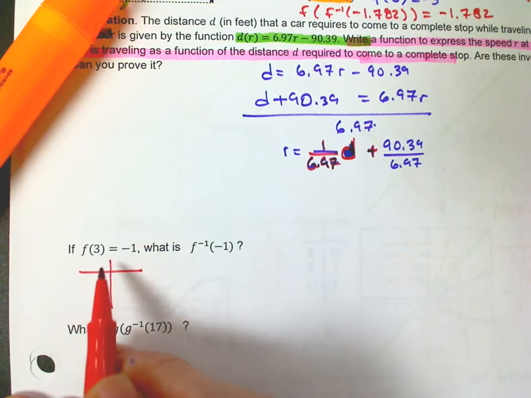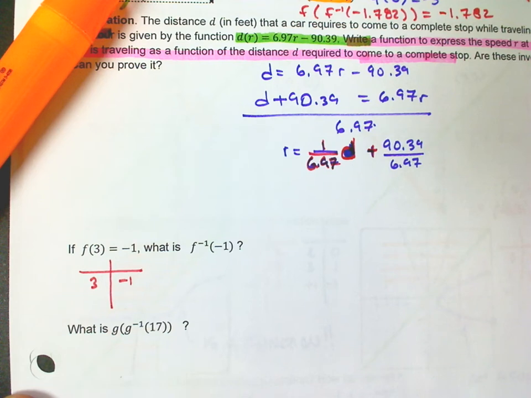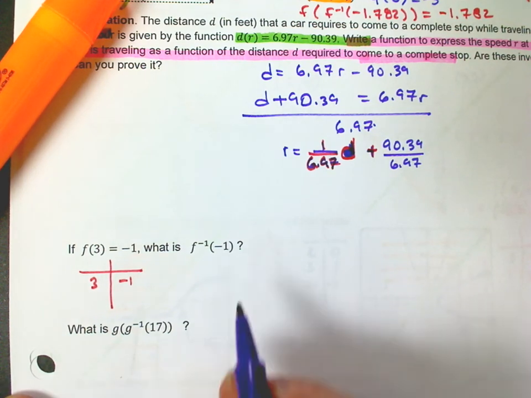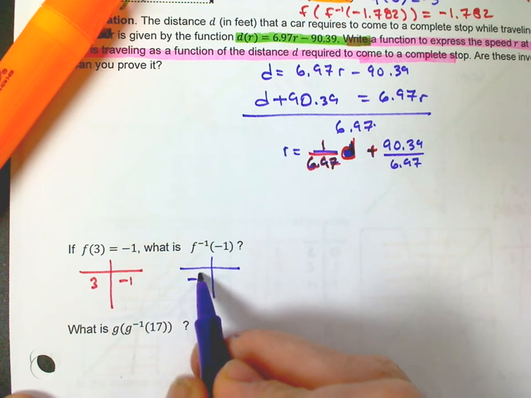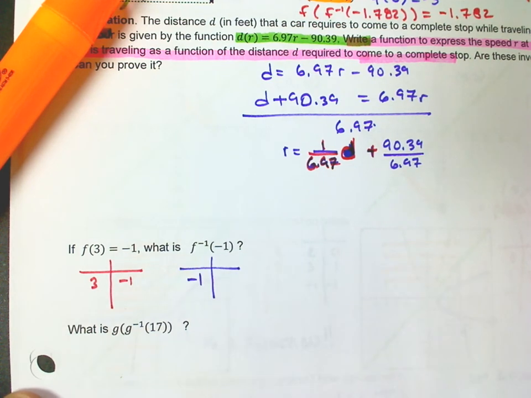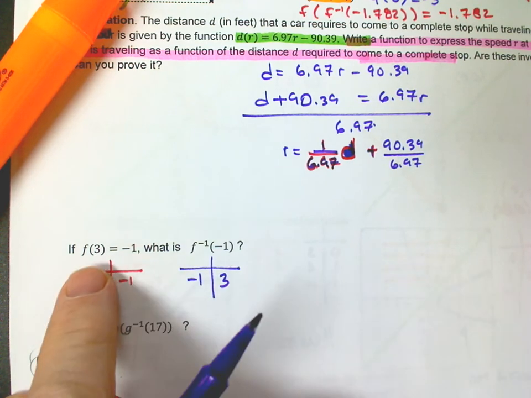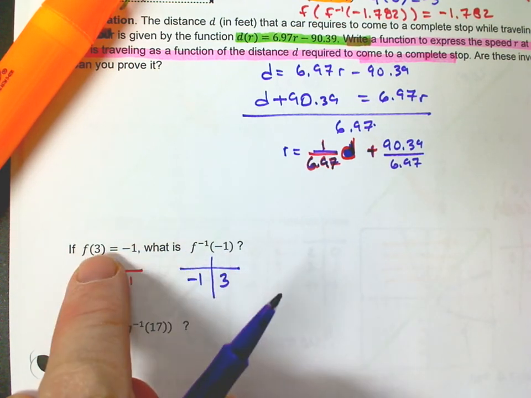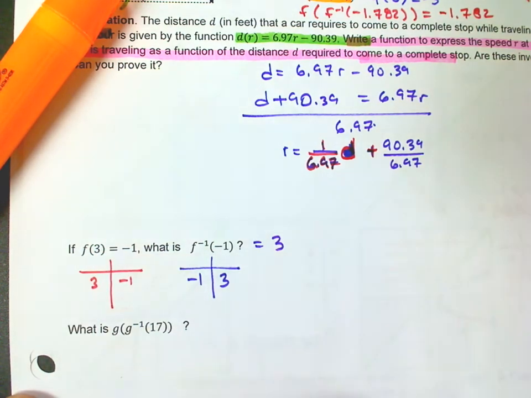Remember, this is our input 3. This is our output -1. If this is indeed an inverse function, if I substitute in -1 here, what should I get out? 3. Okay, when I do the inverses, I'll end up back with where I started. This is going to equal 3.